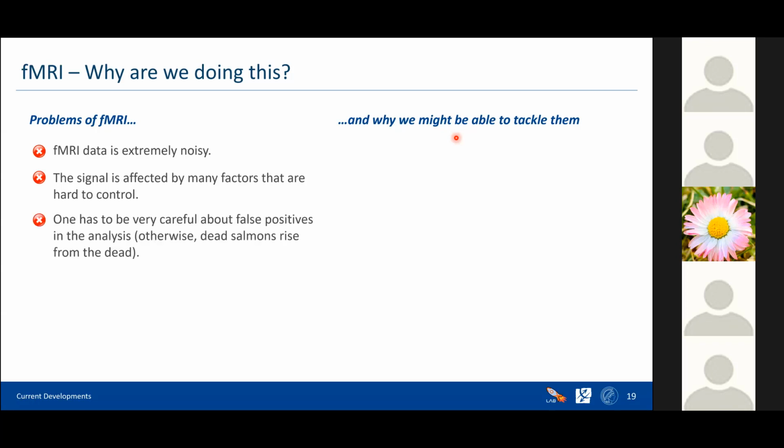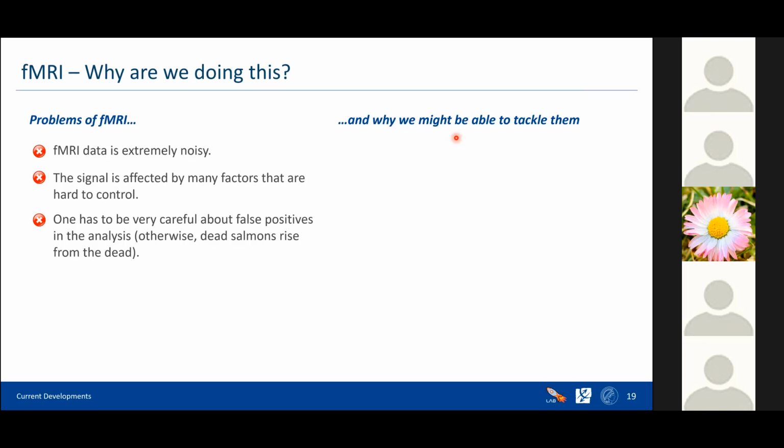Then in the analysis, in the end, you have 3-dimensional data with roughly 100,000 data points. And typically for every data point, you make a t-test. So you test for significance. Then, of course, one has to be extremely careful about false positives, because when you do 100,000 t-tests with an alpha of 0.05, then you get 5,000 false positives.